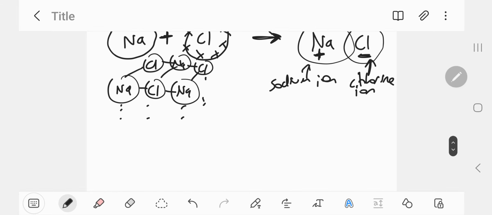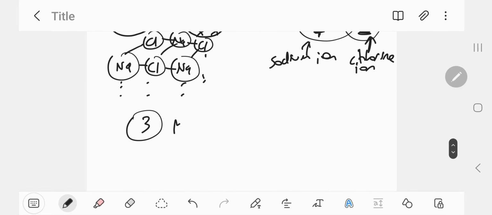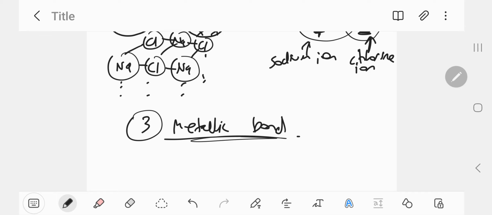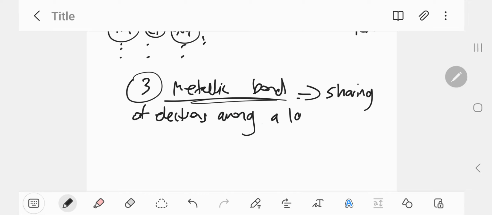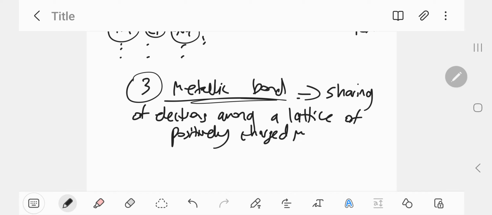The third and last chemical bond I'm going to be talking about is a metallic bond, probably the simplest to visualize. A metallic bond is basically formed due to the sharing of electrons among a lattice of positively charged metal ions.